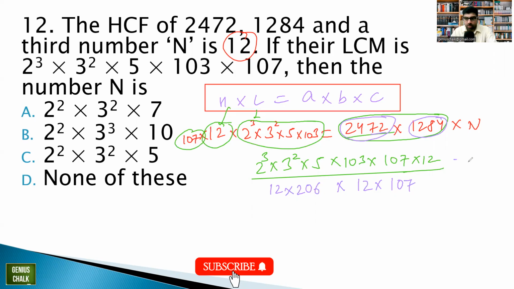Now you can see this is all equal to n. We can just cancel it. 107 is cancelled. Then you can see 103 twos are 206. Now 12 is cancelled by 12. This 2 is cancelled by one power of 2. Then I'm left with 12. So this is 4.